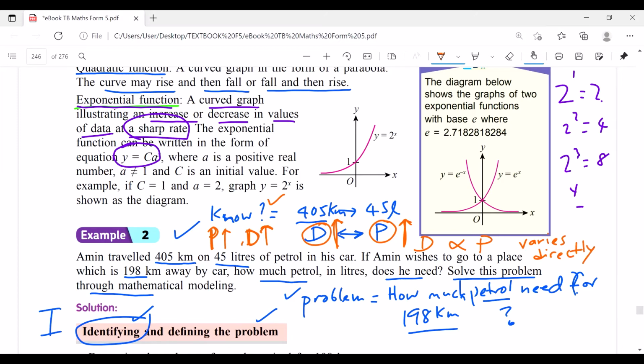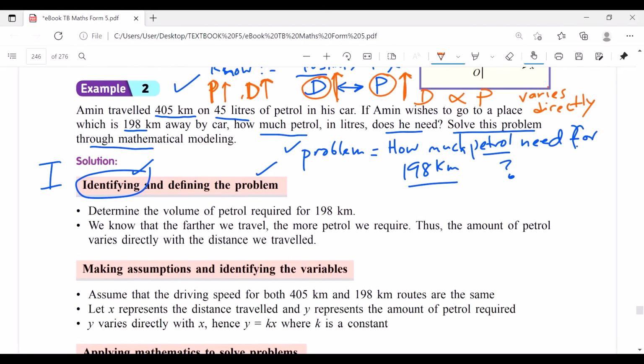The answer is, we know that the further we travel, the more petrol we require. So the amount of petrol P varies directly with the distance.